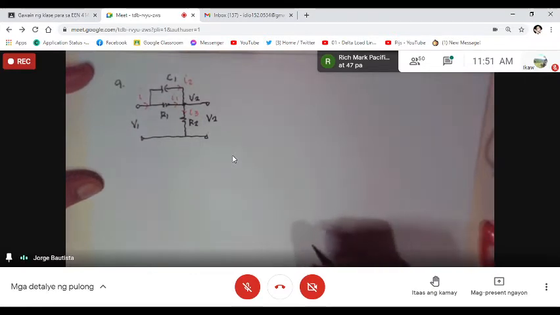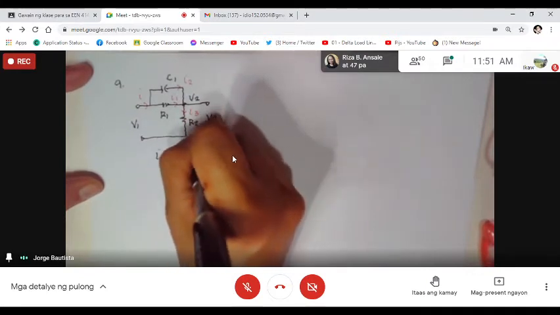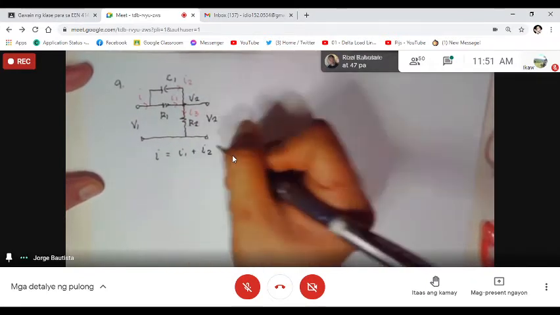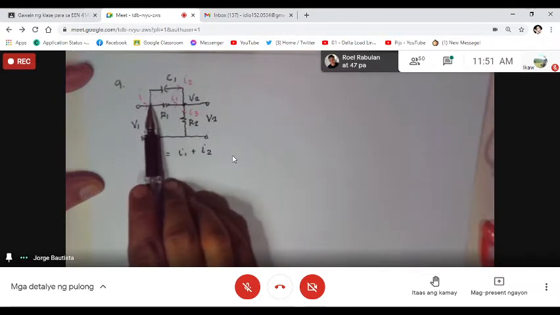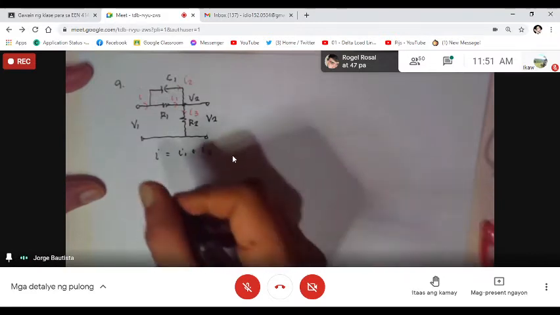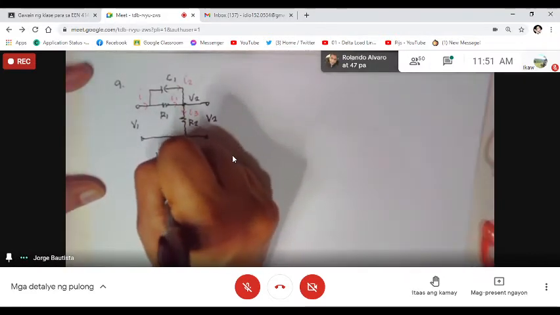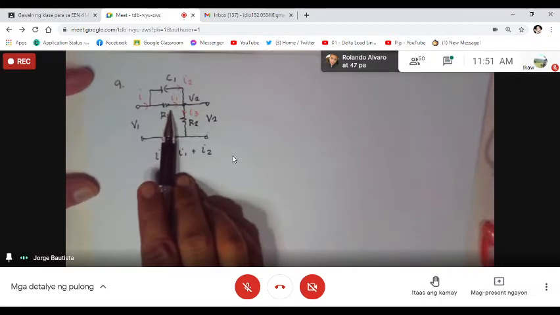Okay, so we have I equal to I1 plus I2. Di ba? Tama ba? Ito yan, no? Dito. I is equal to I1 plus I2. So, but what is I1? So, I1,asan ang I1? Itong I1. Di ba? So, ito yung I1.